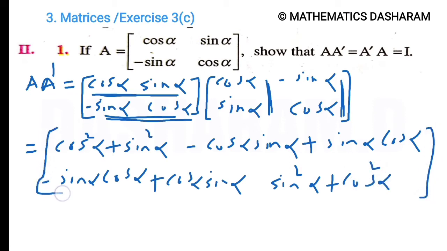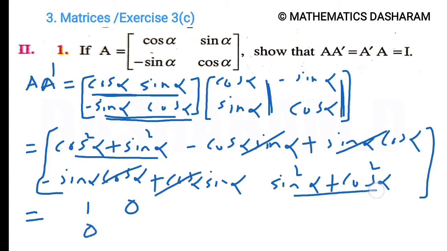So it is exactly identity. You already learned in the 10th class, sin square alpha plus cos square alpha equals 1, and these two cancel, 0, and it is also identity. So 1 0 0 1 means it is an identity matrix with order 2 by 2. So A into A dash equals I is completed.